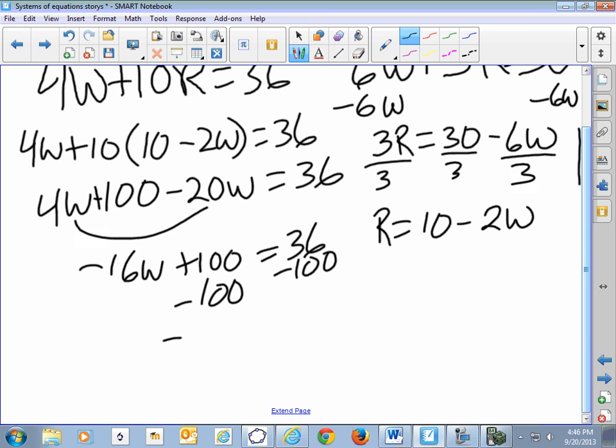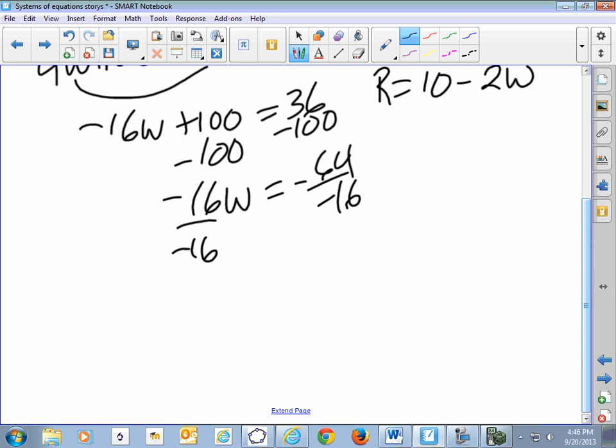So -16w equals -64. 16 goes into 64 4 times. So for a window I get paid $4.